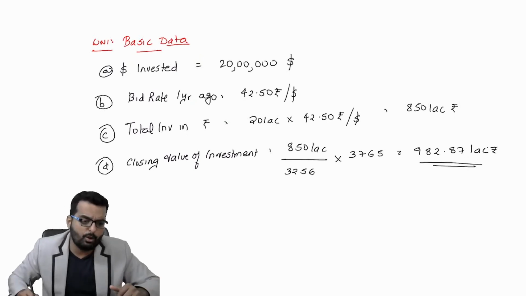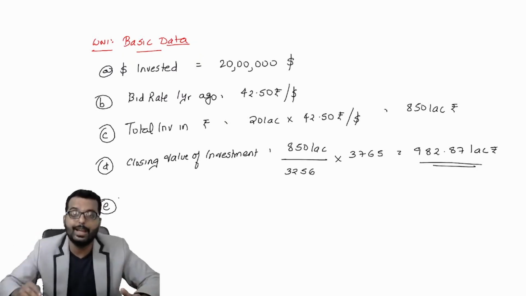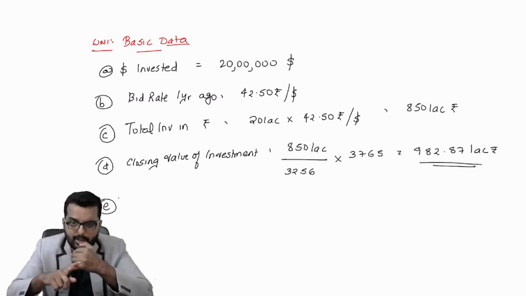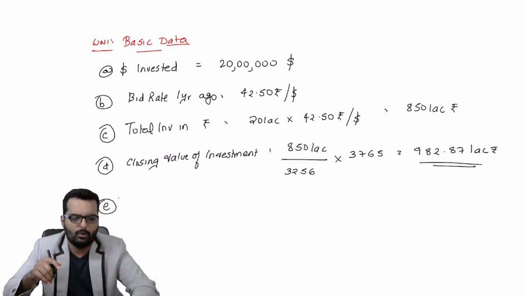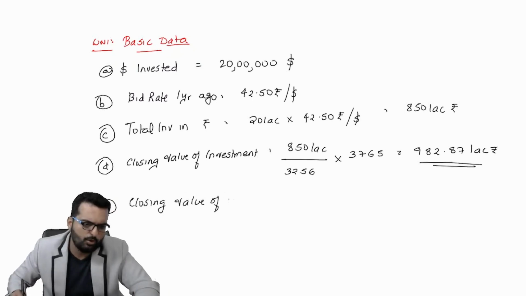This much rupees, what I will do now, I will take it and convert it at today's rate. Earlier, I was selling dollars, so it was the bid rate. Now, I am going to buy dollars, so it will be the ask rate. So, what is today's ask rate? I'll write down now closing value of investment in dollars.